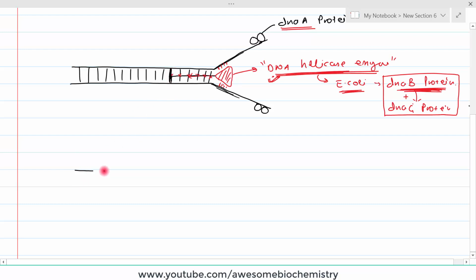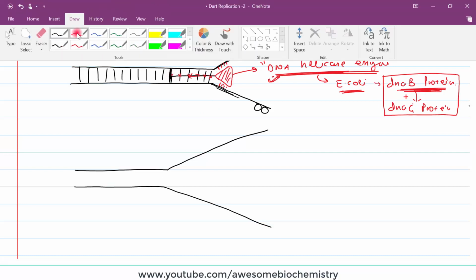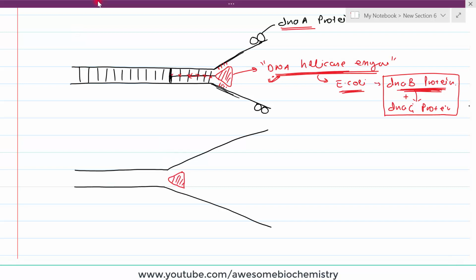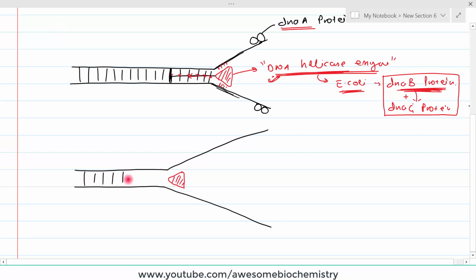Then your DNA will look like this: there is a widening of the replication fork, and the helicase has traveled this far. This is the location of DNA helicase, and these are the unbroken hydrogen bonds. As the helicase keeps traveling, the widening of the replication fork continues.